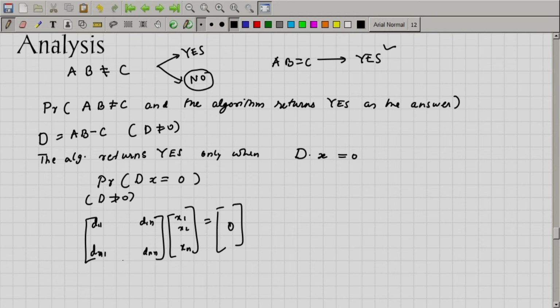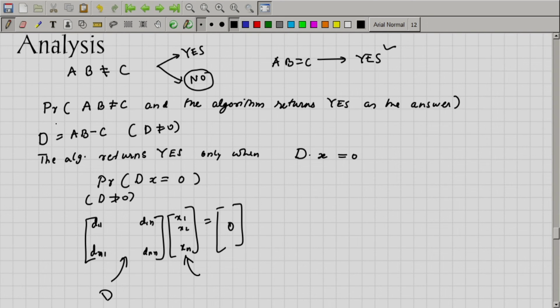So, this is our matrix D, which is known to be non-zero, at least one of the elements inside this is a non-zero element, and we want to look at, amongst the choices of x1 to xn, how many of those choices would result in making this product 0. That will basically give us a bound on the error probability.